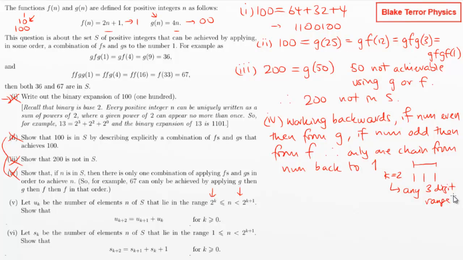Okay. And then for UK plus 1, we want to have anything which is then in the 4-digit range. As long as it's got that 1 at the start and then 3 digits after it, then it will be fine. So how are we doing that then? The only way we're going to get that is by pushing that up 1.